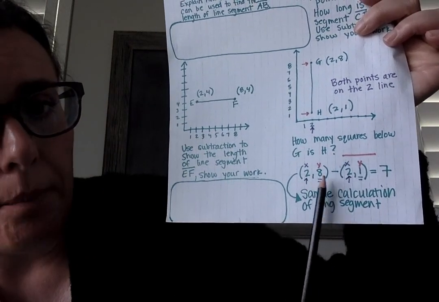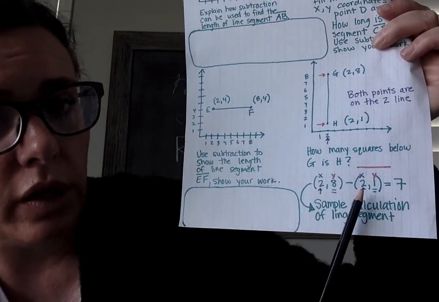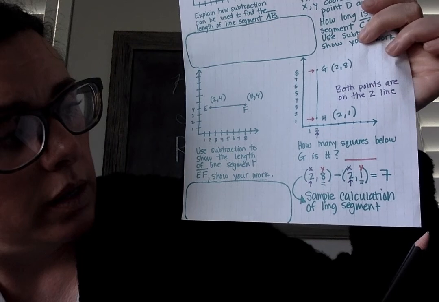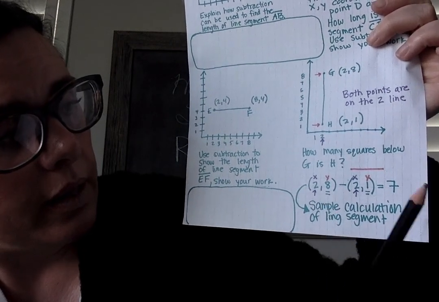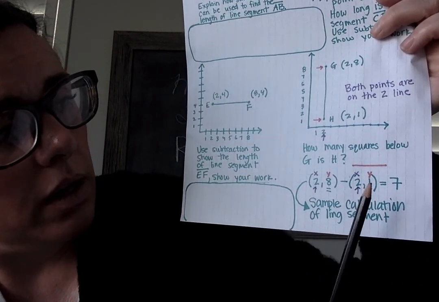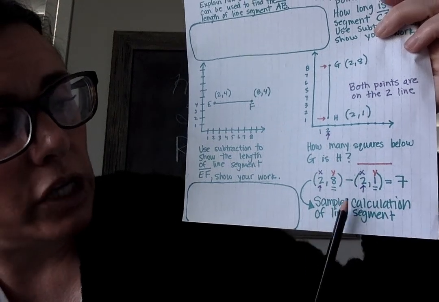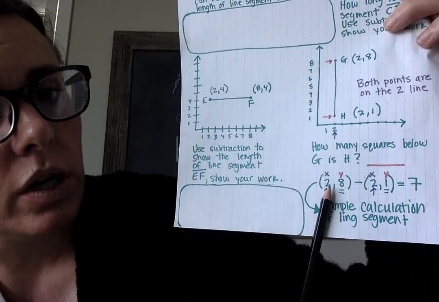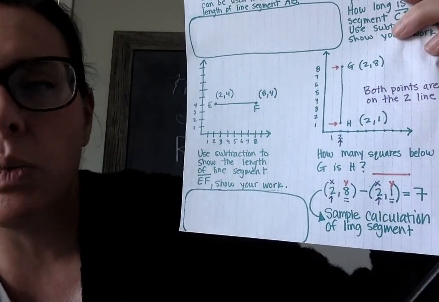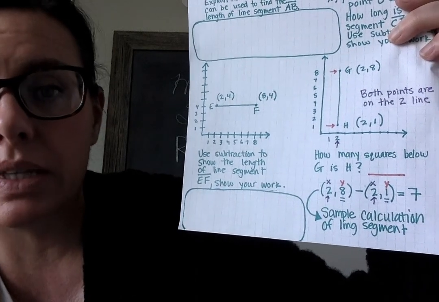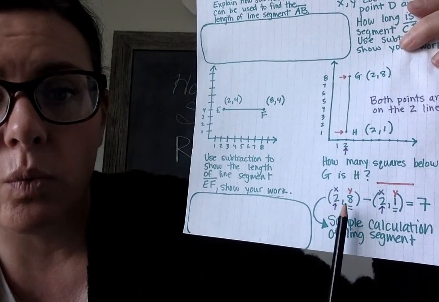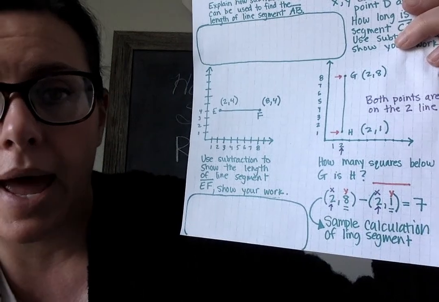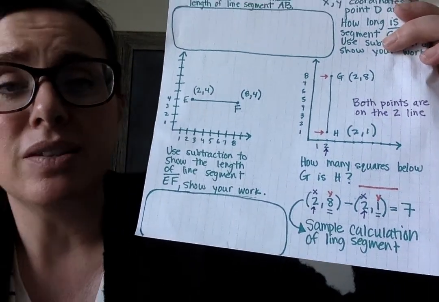It gives you an example of how to solve and what you're looking for. It's also giving you a sample calculation. So you got 2 minus 2 is 0. That's the ones that we ignore. We don't have to do those because they're the same, but then we subtract the ones that are different. Okay? All right, so that's our math for today.